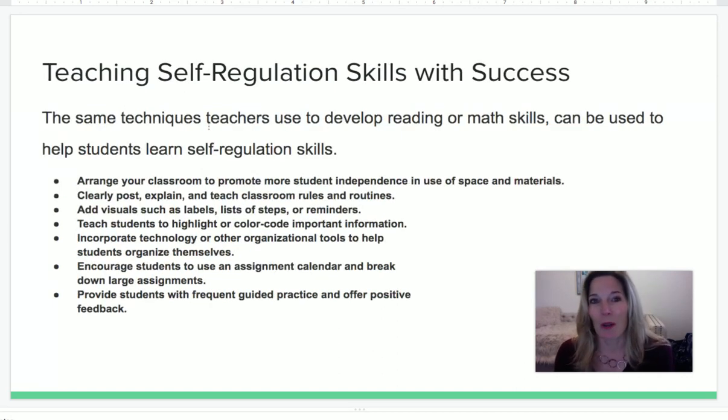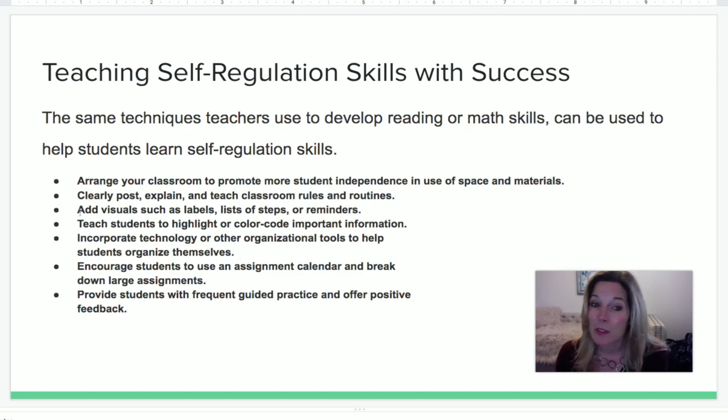So how do we go about teaching self-regulation skills with success? Well, the same techniques that teachers use to develop reading and math skills can be used to help students learn self-regulation skills. It has to be taught specifically and explicitly. I'm not going to get that word today, so I'm not going to try it. So anyway, you're going to arrange your classroom to promote more student independence and use of space and materials.